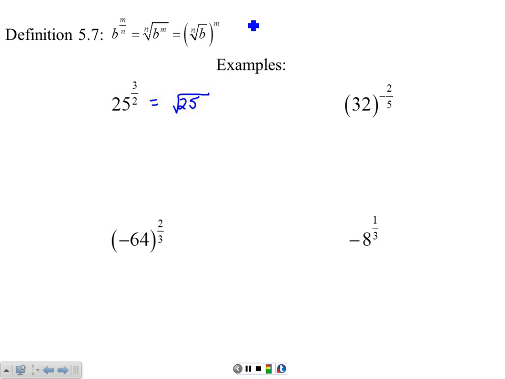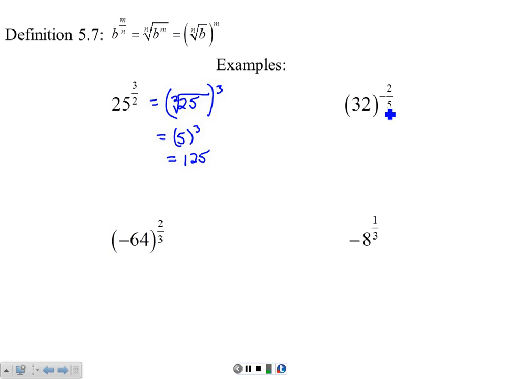For this one, it's going to be easier for me to put it over here. So power over index, so the 2 is your index. The top number is your power, and the bottom number is your index. So this is telling me to take the square root of 25, which is 5, and then cube that. And 5 cubed is 125.